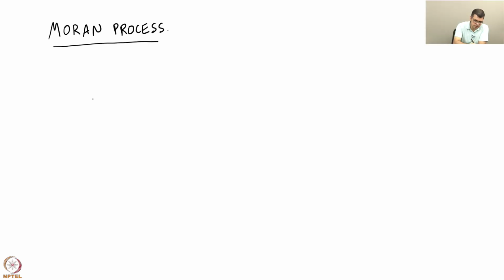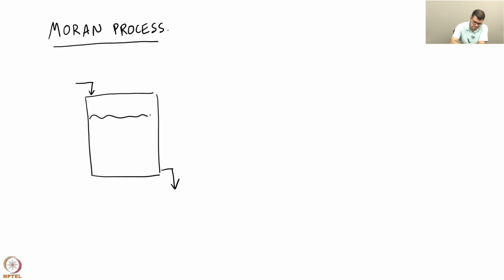In a Moran process, from the context of our chemostat, the outstream, let us say the state of the system is this, and we have some blue type individuals.